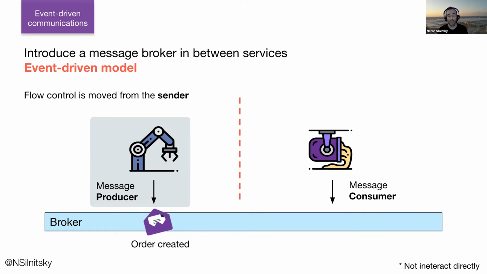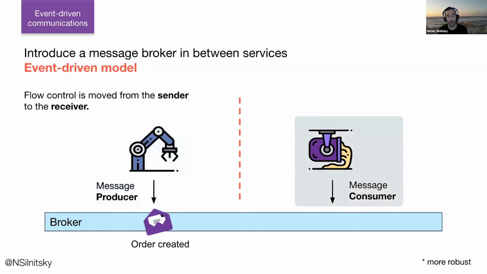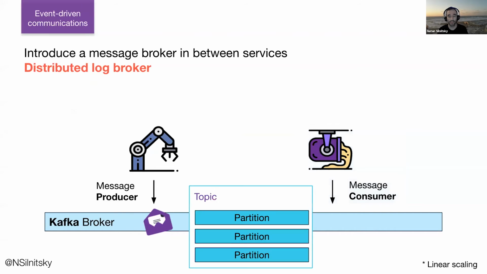So there's no direct interaction. There's decoupling, which is always a good practice for your architecture. And the consumer will be in charge of deciding when to consume the messages, when to process them, and what to do about them.